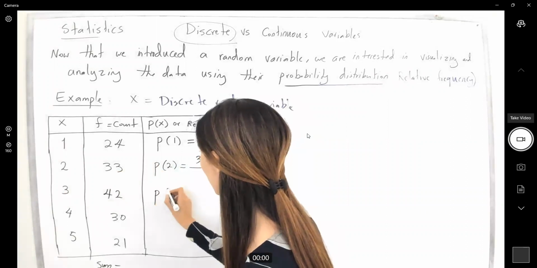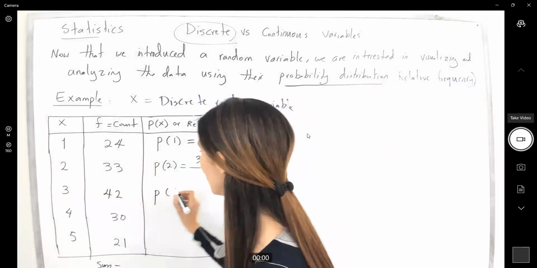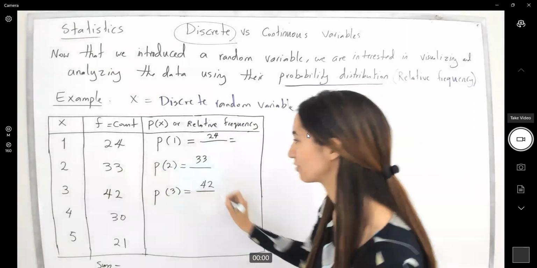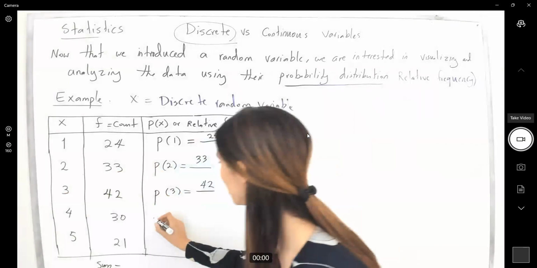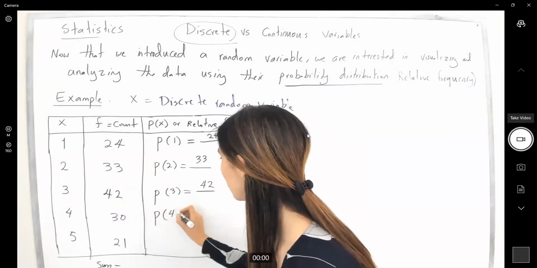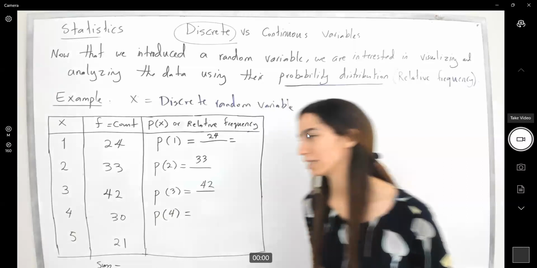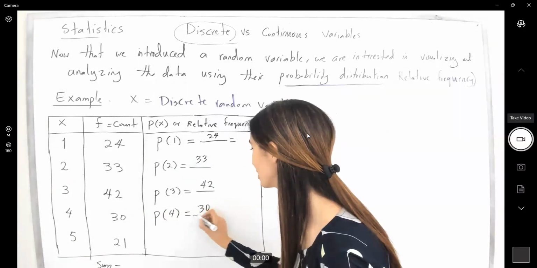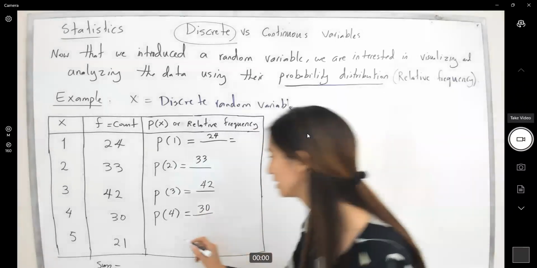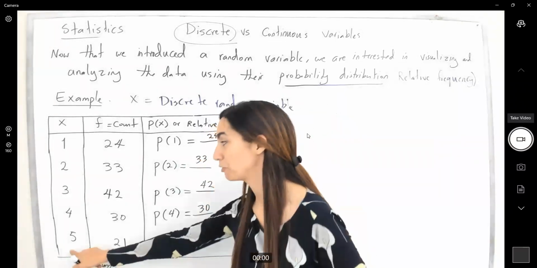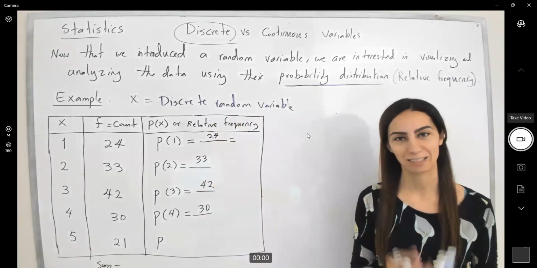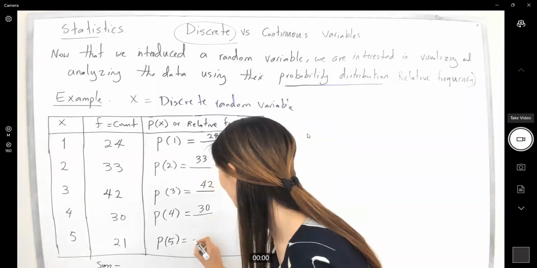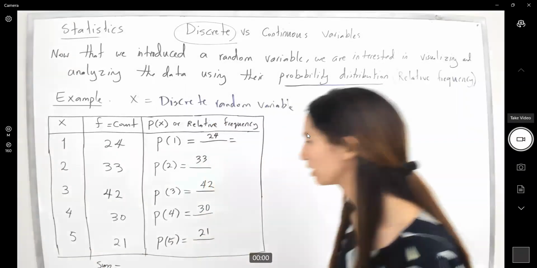The probability of the third class, x equals 3, is the frequency of that score divided by the total. The probability that x equals 4 is equal to its frequency, the count, divided by the total. And finally, the probability of the fifth class, x being exactly 5, the score being 5, is the count, which is 21, divided by the total.